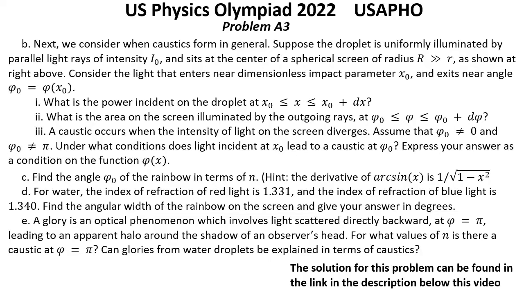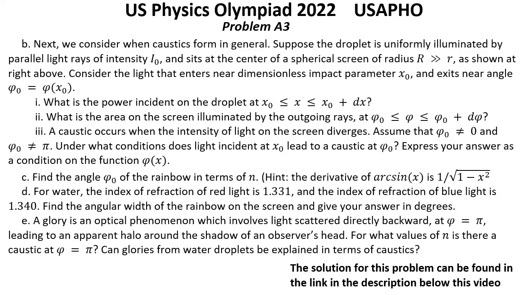Third, a caustic occurs when the intensity of light on the screen diverges. Assume that phi0 not equal 0 and phi0 not equal pi. Under what conditions does the light incident at x0 lead to a caustic at phi0? Express your answer as a condition on the function phi of x.